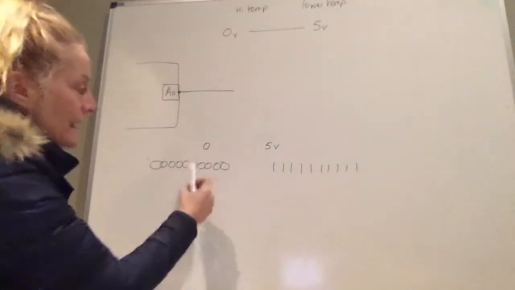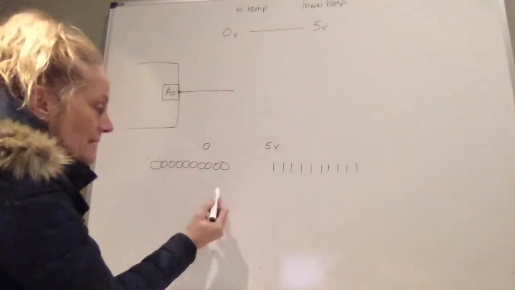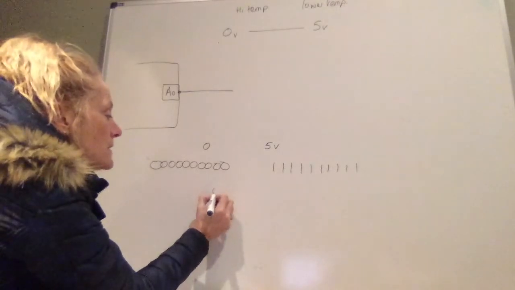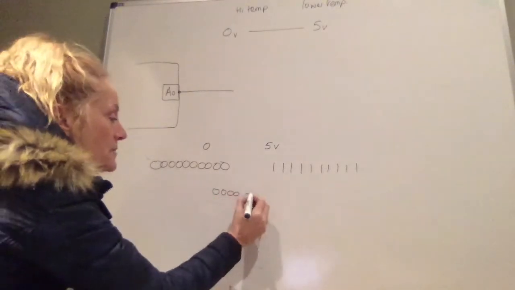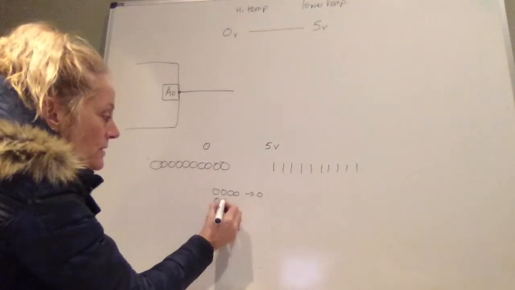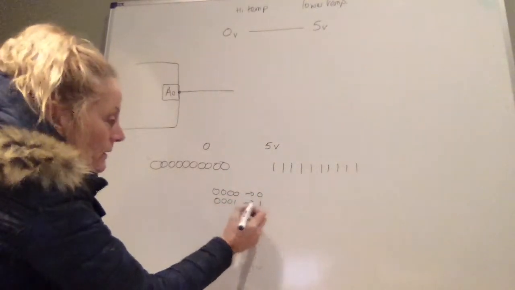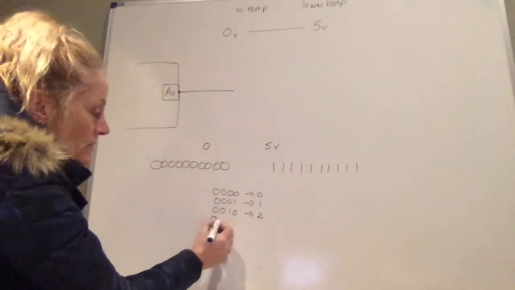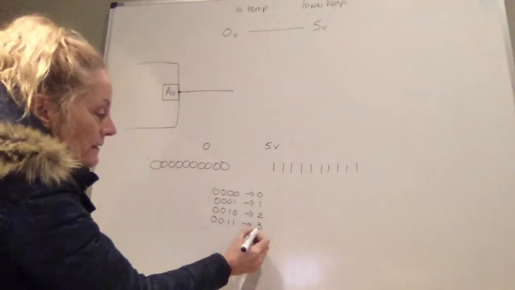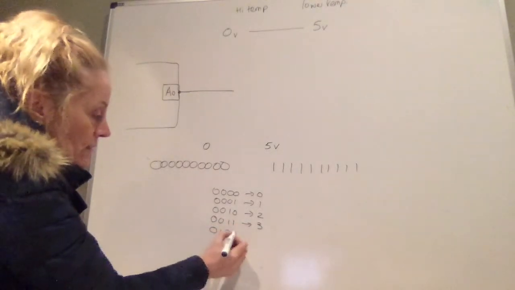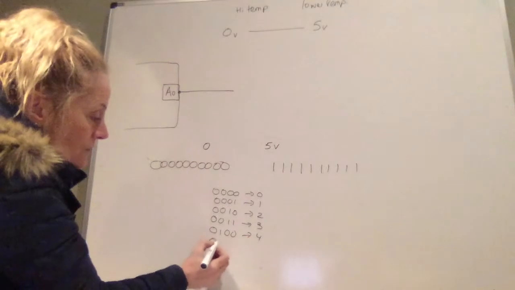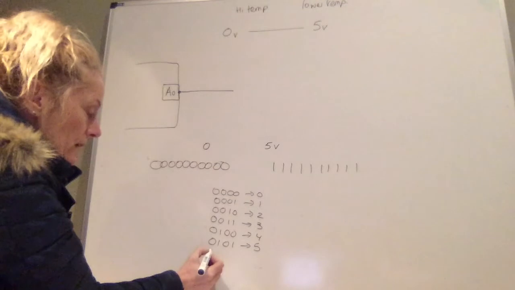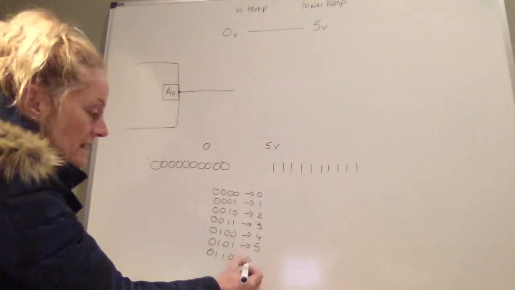okay? Now, counting in binary, I'm going to do a small example going from 1 to 8, okay? So if you have 0, 0, 0, 0, that's represented by 0. 0, 0, 0, 1 means 1. 0, 0, 1, 0 means 2. 0, 0, 1, 1 means 3. 0, 1, 0, 0 means 4. 0, 1, 0, 1 means 5. 0, 1, 1, 0 means 6.